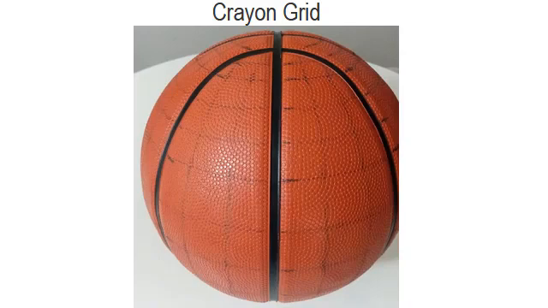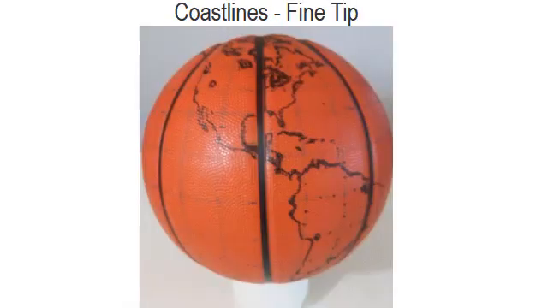I'll show you later how to use the cardstock guides to make the meridians and parallels. Once you've drawn the grid, you'll use a fine tip marker to draw the coastlines of continents and islands. Notice that some lines have been thickened and some islands filled using the fine tip marker. This is because the chisel tip marker is less precise and shouldn't be used in tight spots.